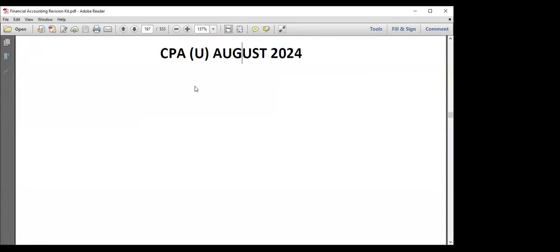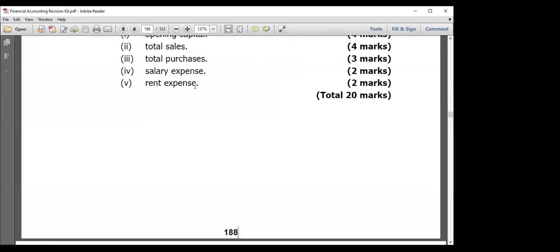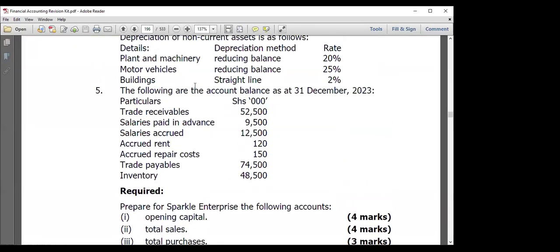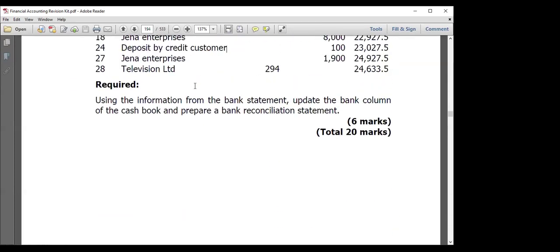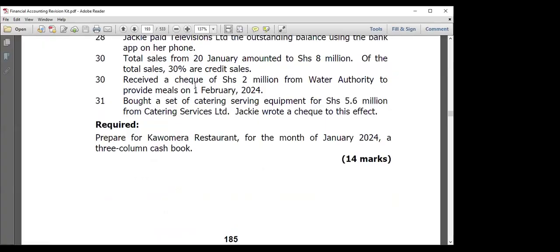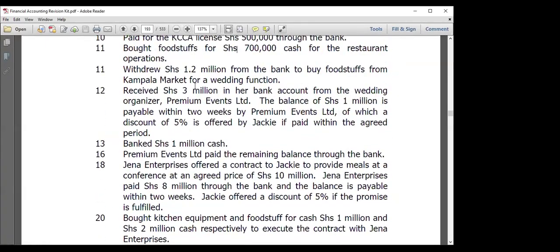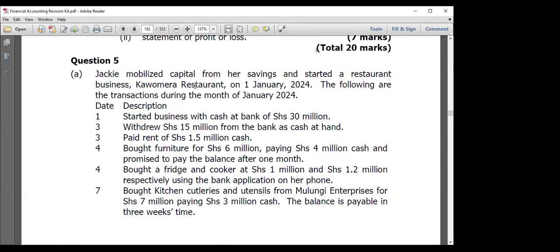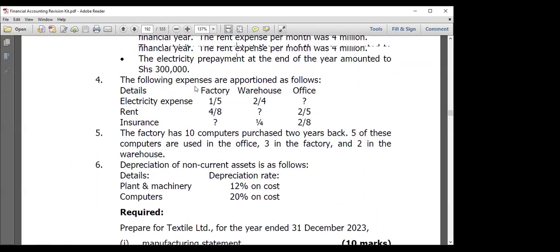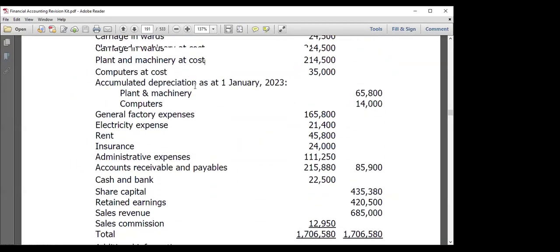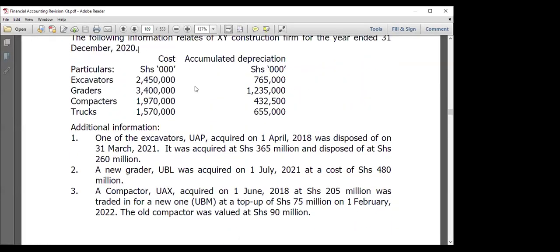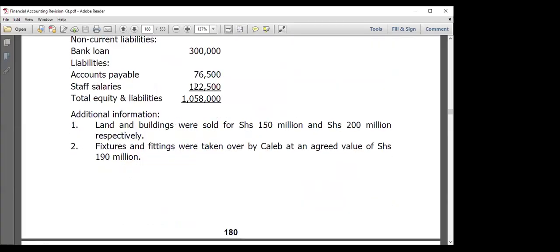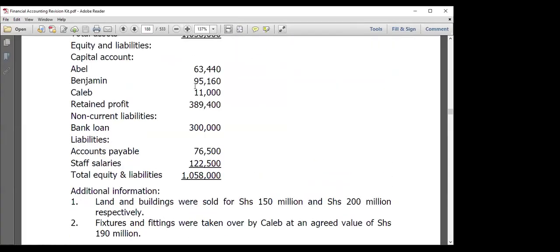So August 2024, we saw that one. Let's look at another sitting. I wanted to give you another sitting. Sorry, I have a booklet. That's why I'm taking time.